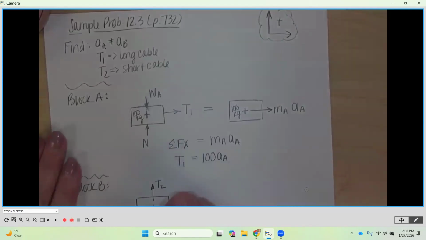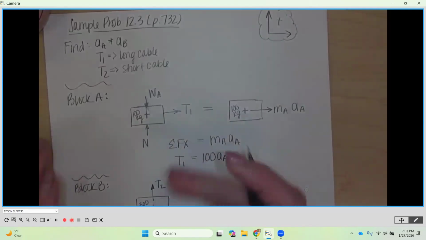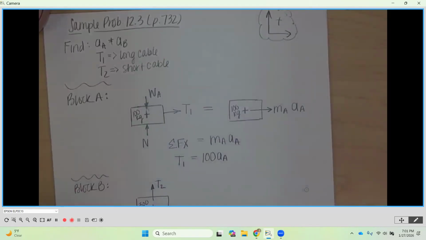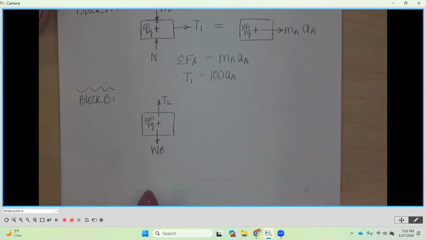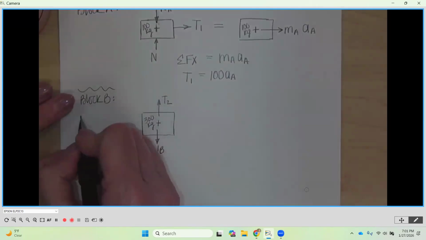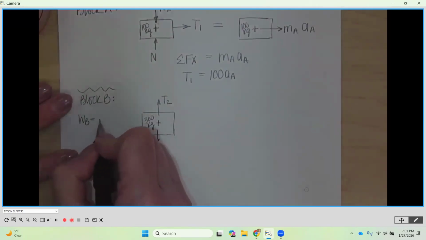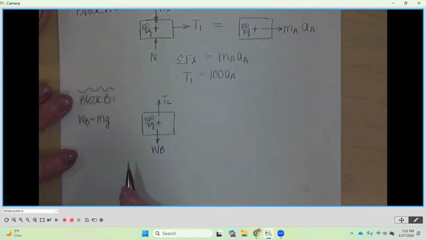What we're given in this problem is that the mass of block B is 300 kilograms. So we need to calculate its weight. Over on the left-hand side, I'm just going to do that over here. The weight of block B is going to be equal to its mass times gravity.